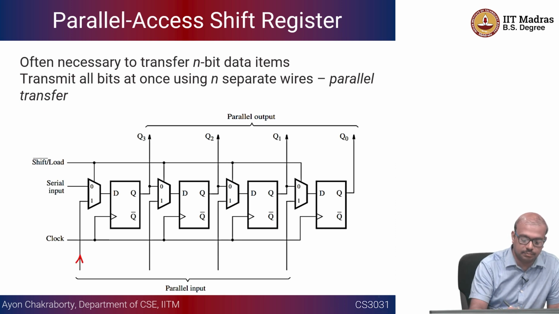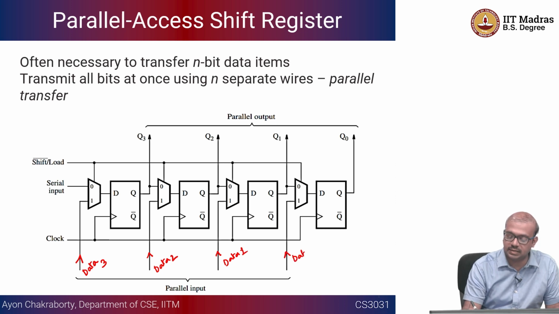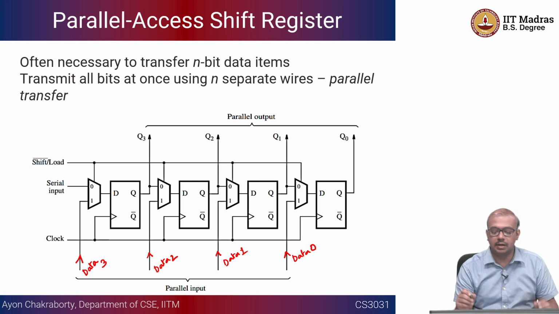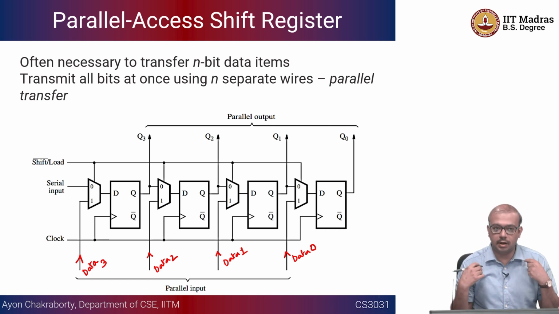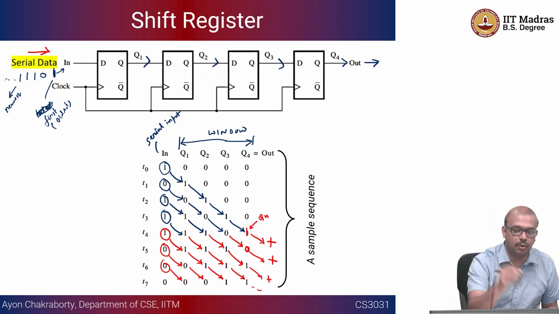So this is my data, the data 3, this is my data 2, this is my data 1, and this is my data 0. I want to load the data simultaneously. Suppose I have a 4-bit register, I want to load the register using a 4-bit number in parallel, right? All the data 0 to data 3 are simultaneously issued. It's not that a serial input is being done like this, one after the other, right?